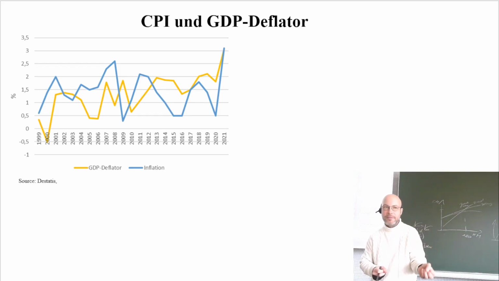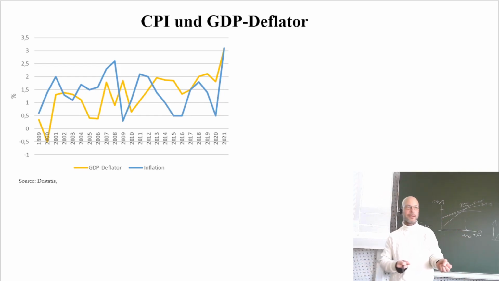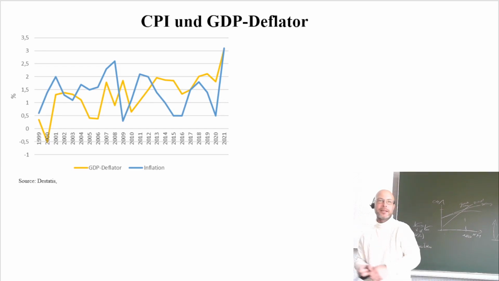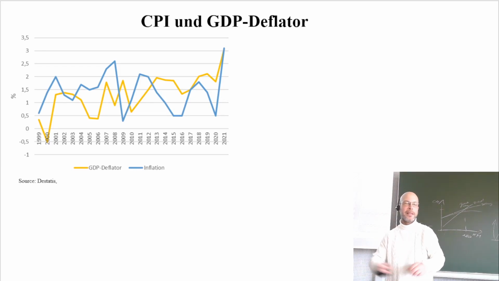And if the GDP deflator is increasing, and this is the case right now, not by 10%, but only by 5 or 6%, then the guy in the enterprise says, well, I understand your argumentation, but my argumentation is that I can sell my products only at a 6% higher level than last year. So from my side, you get only a 6% higher wage. And then you are struggling.